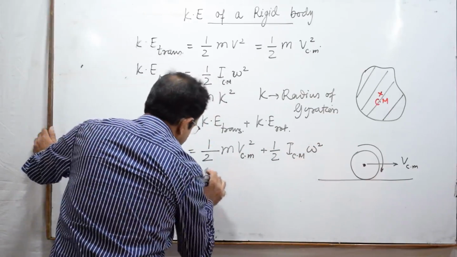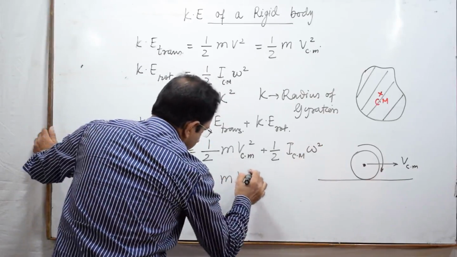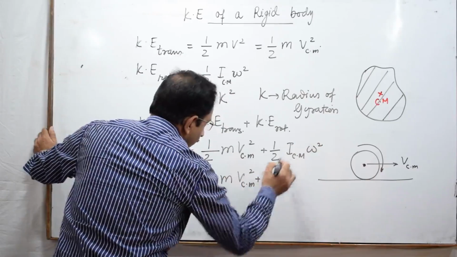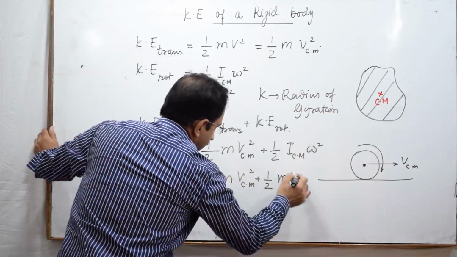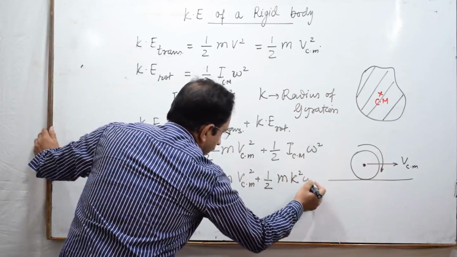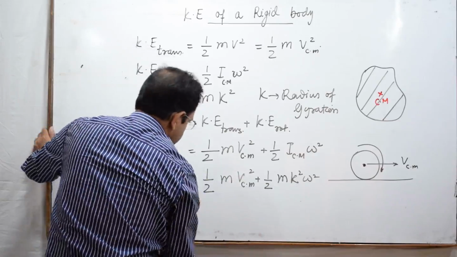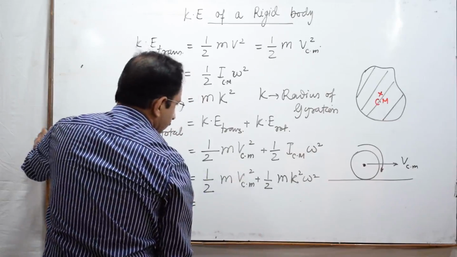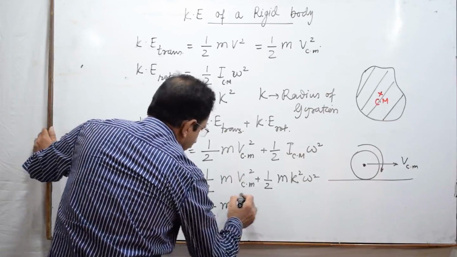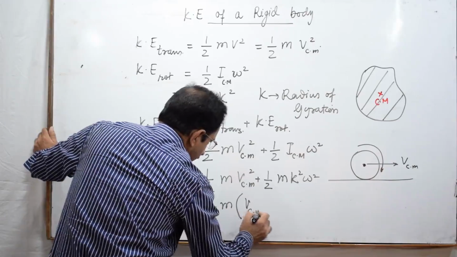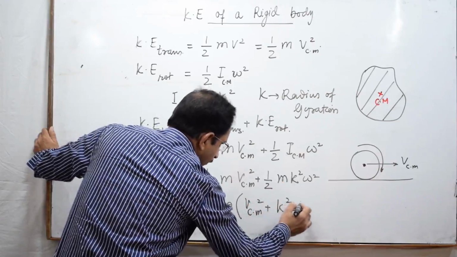We may also write this as 1 by 2 m into VCM square plus 1 by 2 into, देखिए ICM को मैं लिख सकता हूँ m k square, here k is radius of gyration, into omega square. तो अब आप इसमें से अगर कॉमन ले लेते हैं 1 by 2 m, I'll have VCM square plus k square omega square.